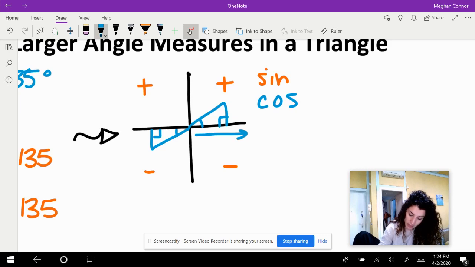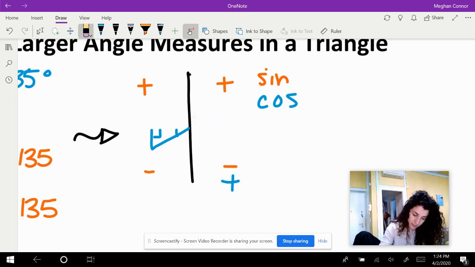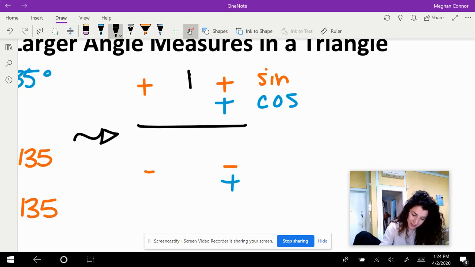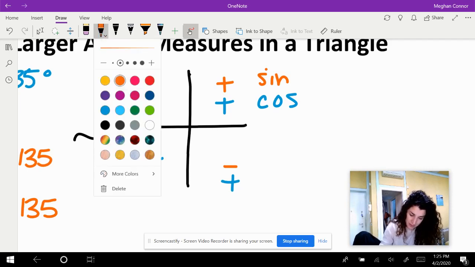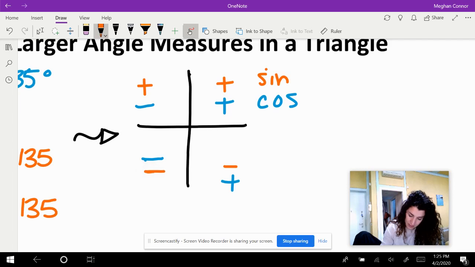So cosine is positive here. Cosine is positive here. Whereas cosine will be negative here and negative here. So that's kind of the idea.